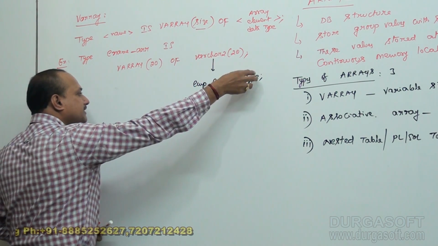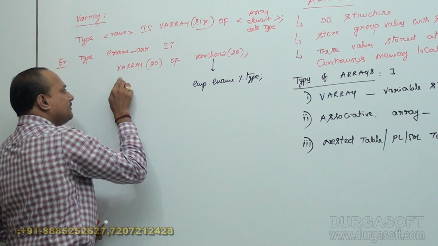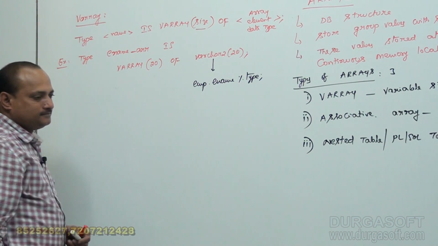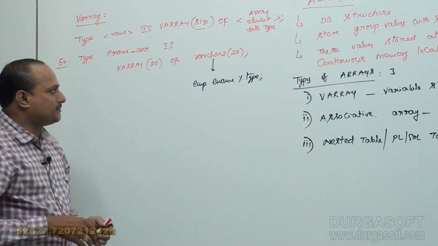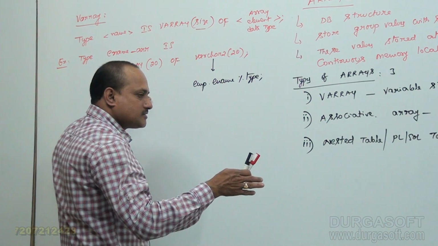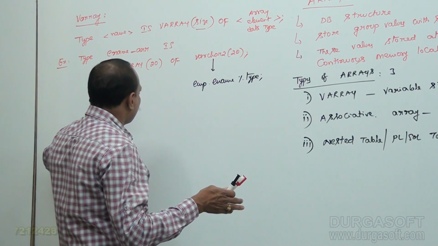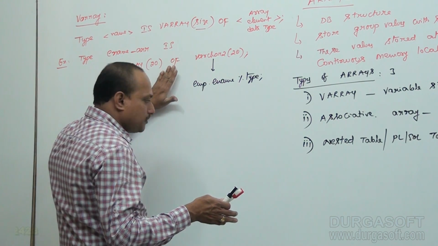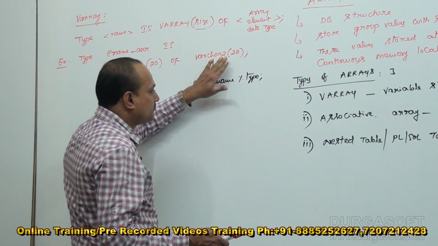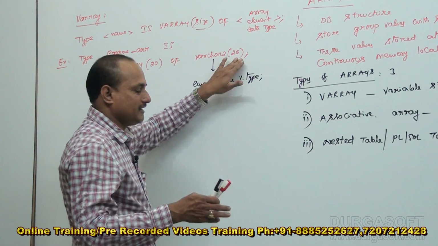That data type is applicable to array. You are applying data type to array means for each location under array, the data type is applicable. Again I am repeating, each location in this array, 20 locations are there, is able to store one character type value with the maximum size 20.